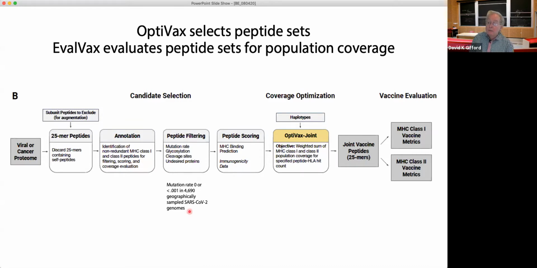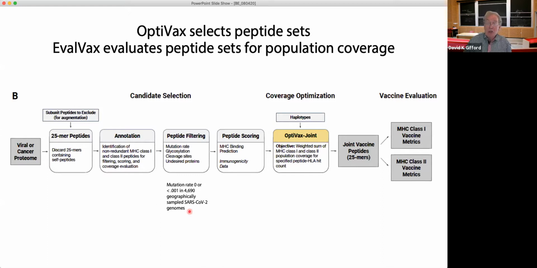We have sampled 4,690 different SARS-CoV-2 genomes worldwide, and we can tune the mutation rate that we allow. Here we're assuming that a low mutation rate indicates it's less likely that this peptide is going to drift over time. It may be necessary for function, and thus we're hopeful that that will produce a vaccine that will be and continue to be effective.